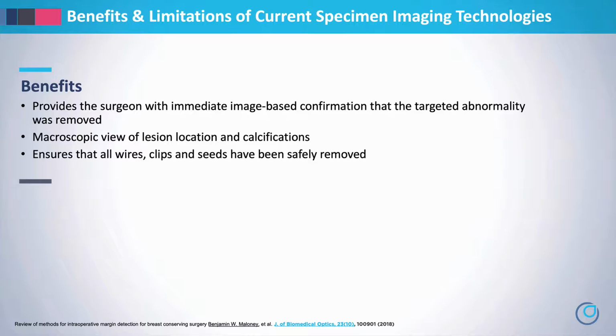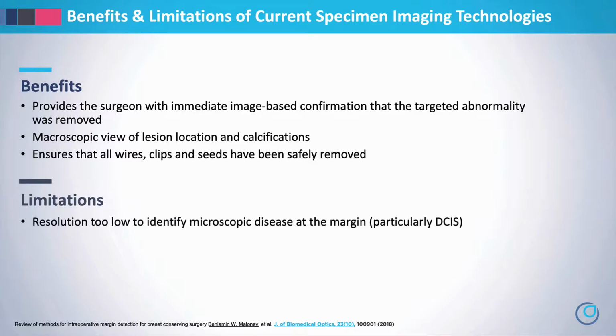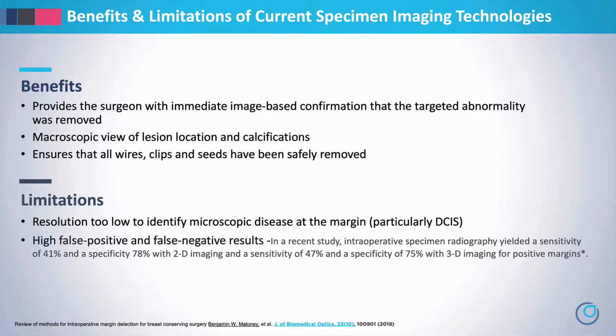Consider the limitations. Resolution is too low to identify microscopic disease at the margins, either invasive and particularly DCIS. There's a high false positive and false negative result. A recent study showed intraoperative specimen radiography yielding a sensitivity of 41% and specificity of 78% with 2D imaging, and sensitivity of 47% and specificity 75% with 3D imaging for positive margins.